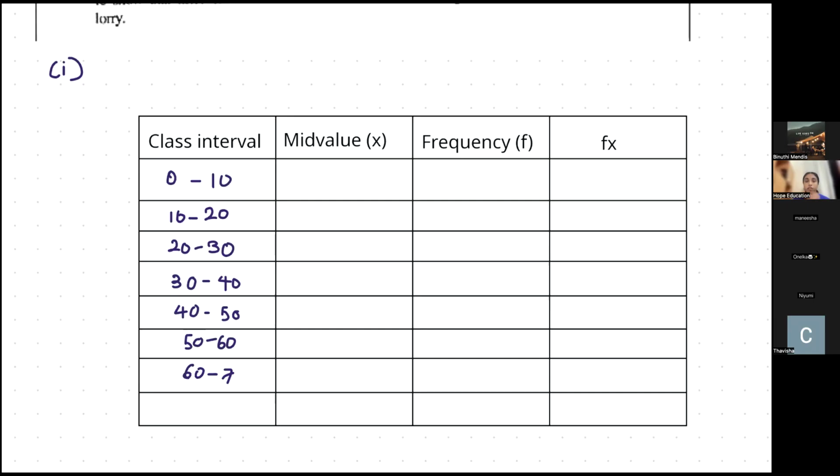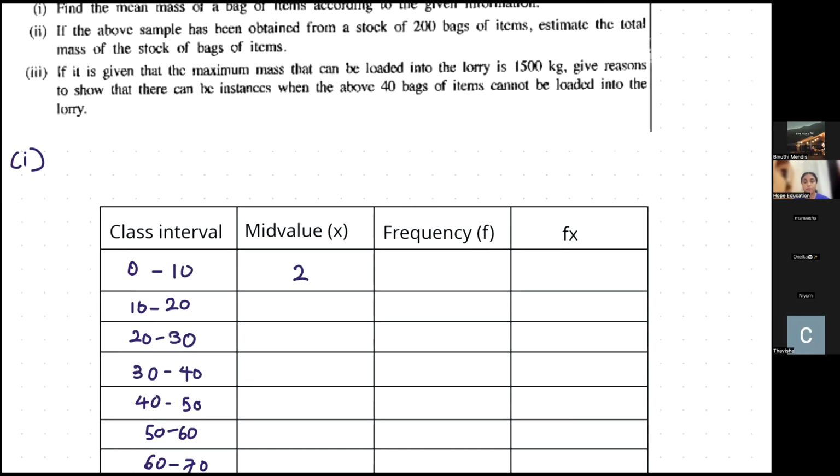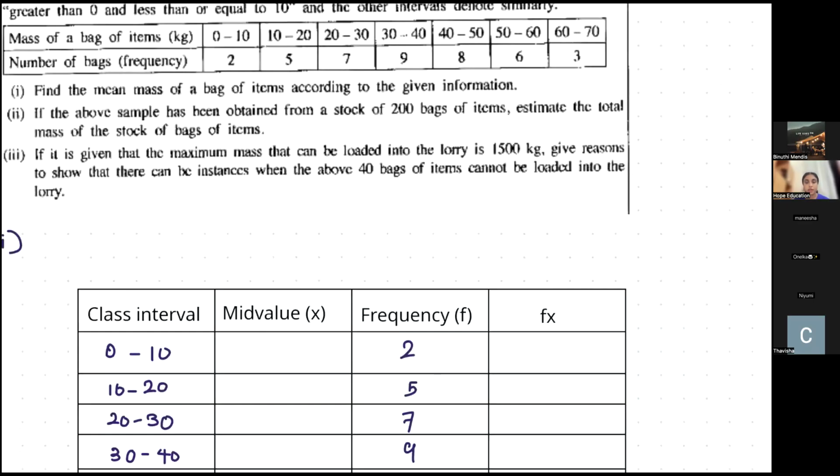And the frequencies are 2, 5, 7, 9, 8, 6, 3.